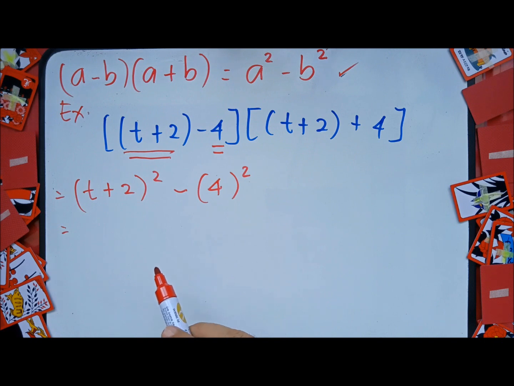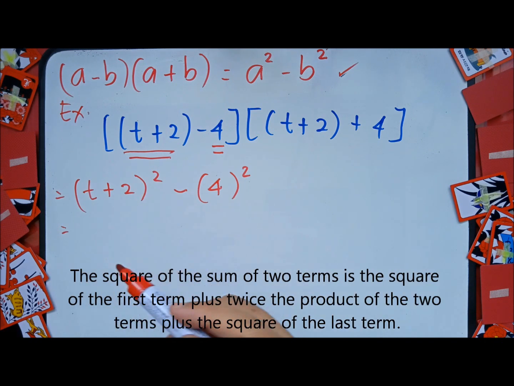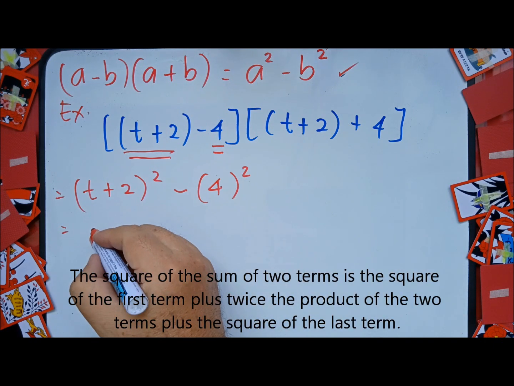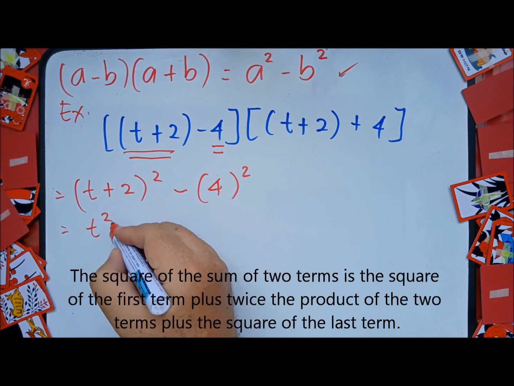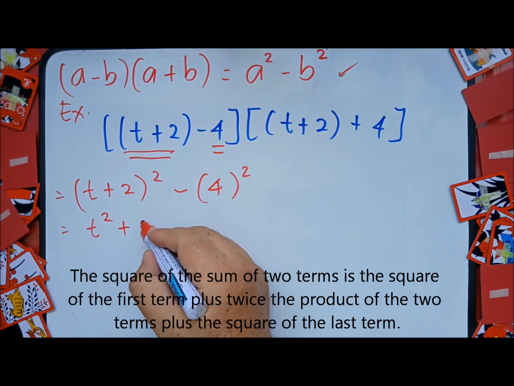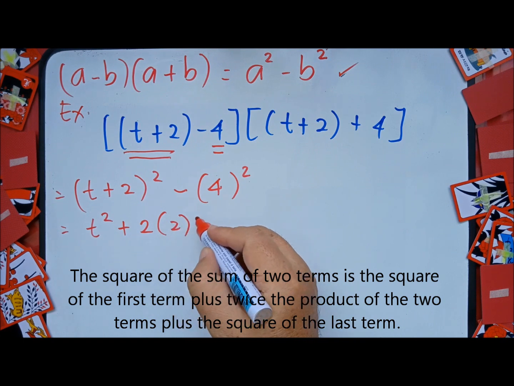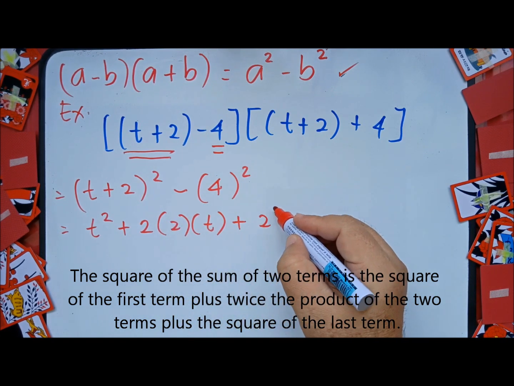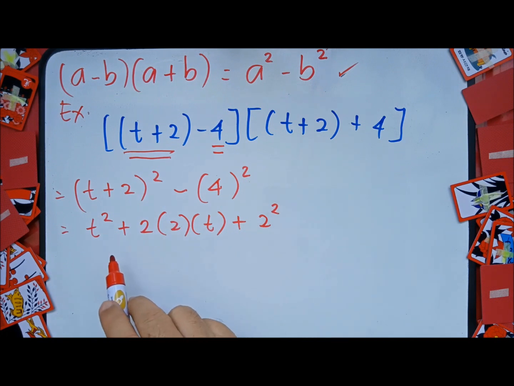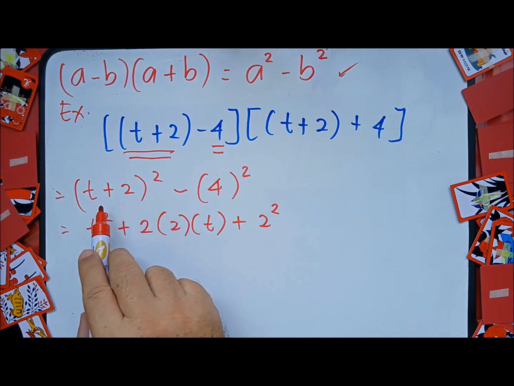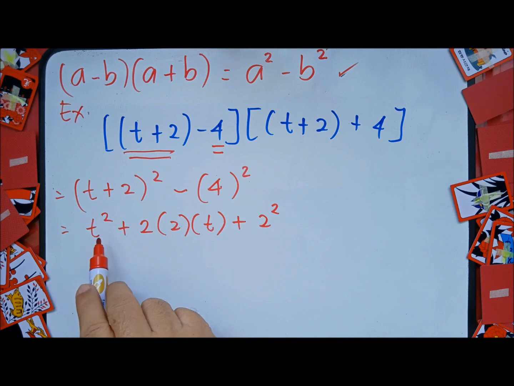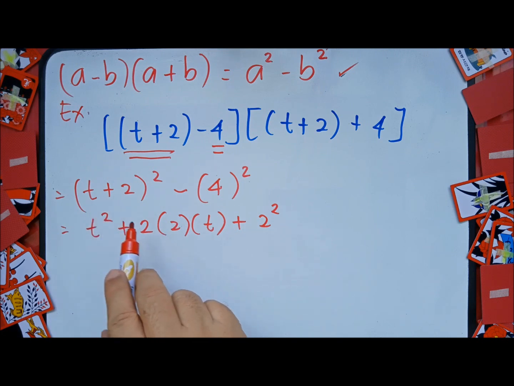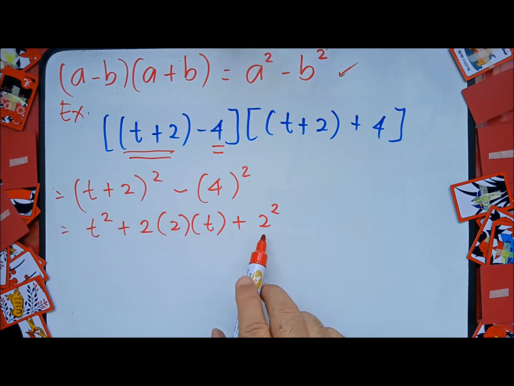Now, what have we learned in the square of a binomial, the previous lesson? This will become t squared plus 2 times 2 times t plus 2 squared. Remember? Squaring a binomial, you have to square the first, then twice the product of the first and the second, and then square the second term or the last term.